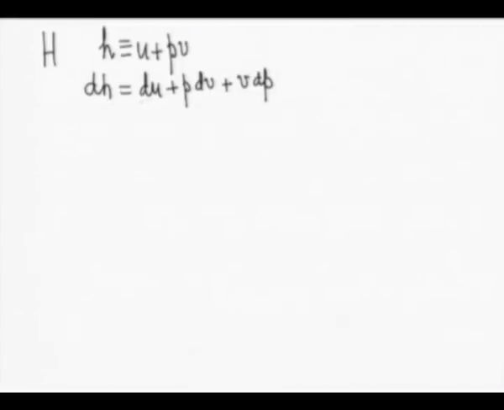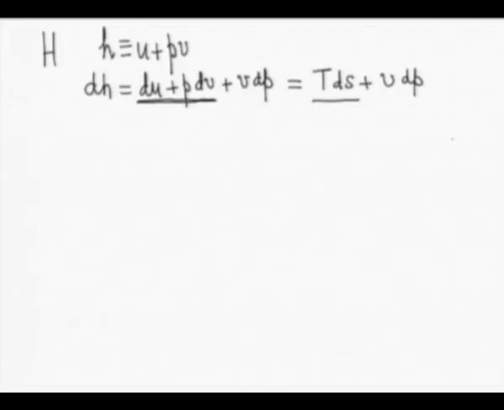But now from our basic property relation, you will notice that du plus pdv is TdS. So this becomes TdS plus vdp. Here du plus pdv is replaced by TdS using the basic property relation.